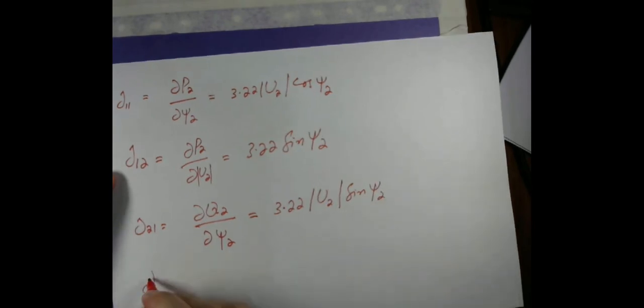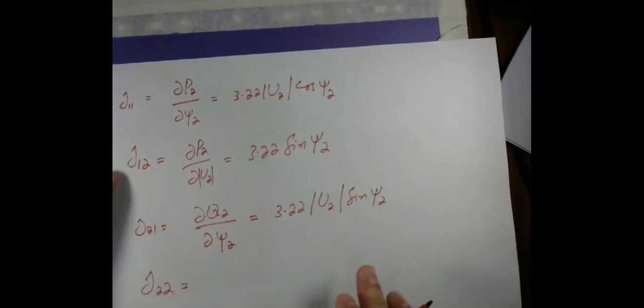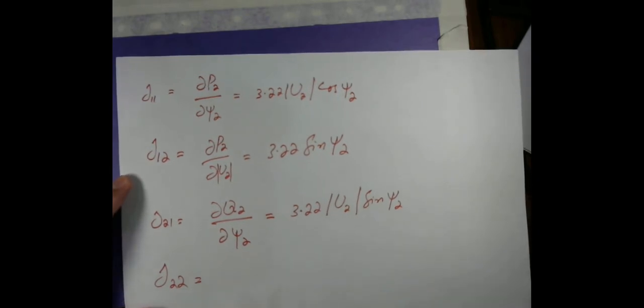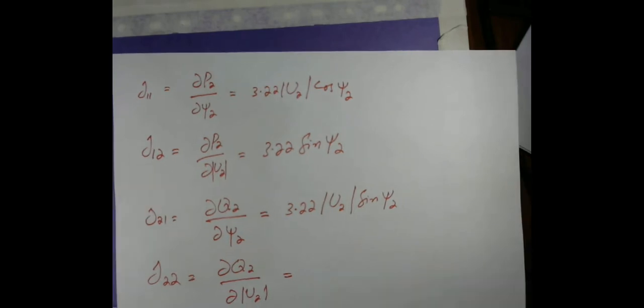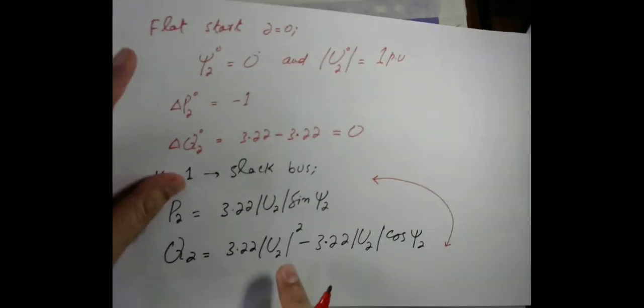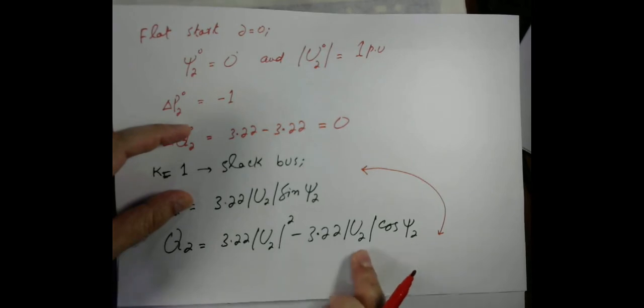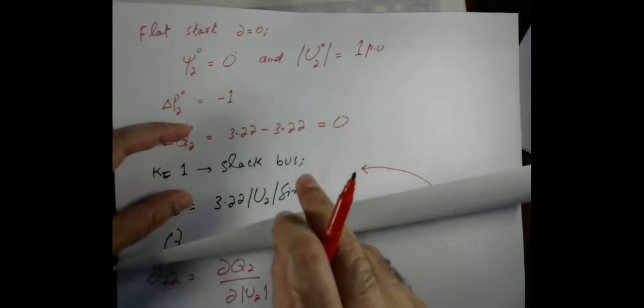Similarly, J22, which is the fourth element of the Jacobian matrix, that will be the derivative of the reactive power with respect to u2. So that will be equal to, now this will be, because it's square, so that will become 2 times this value. And similarly, we are taking it with respect to u2.